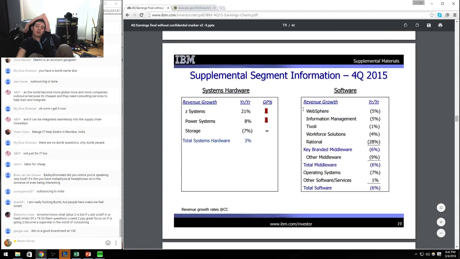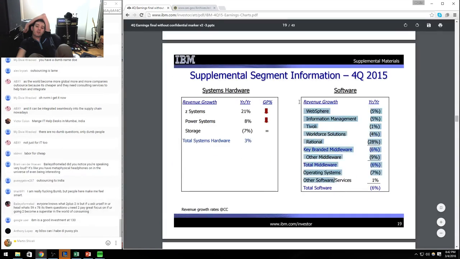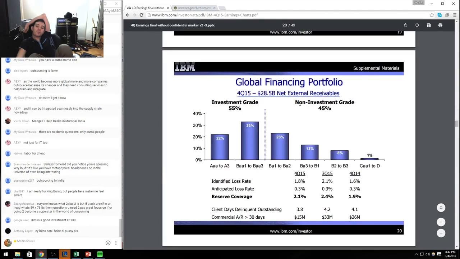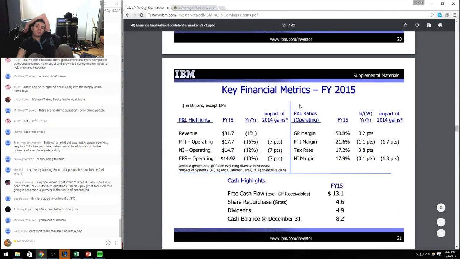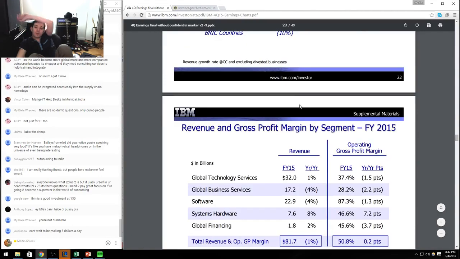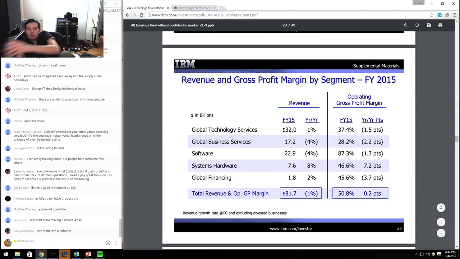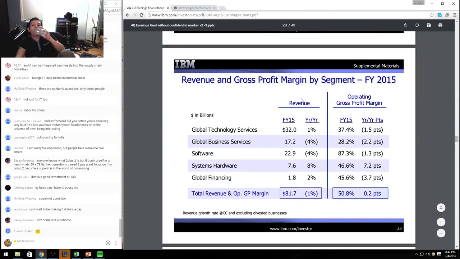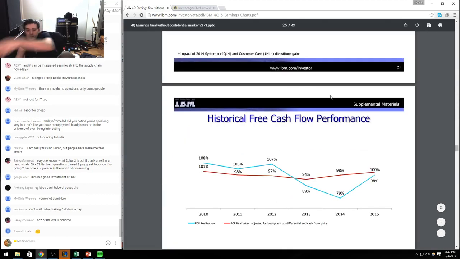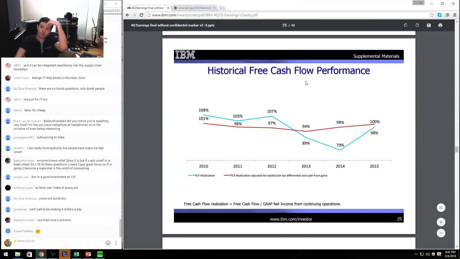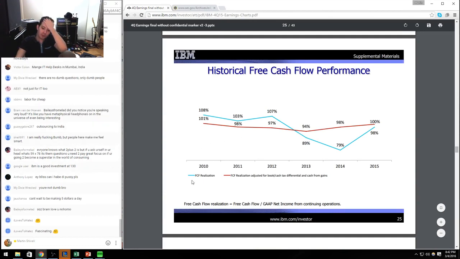We'll talk about backlog and things like that later. Maybe next class. And see how cash flow and net income really track each other.